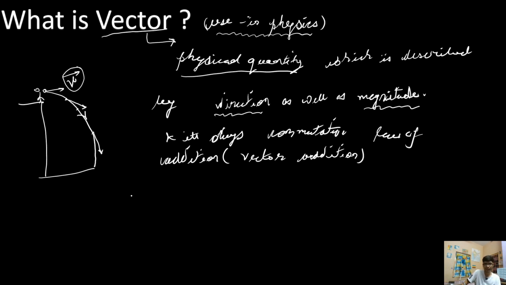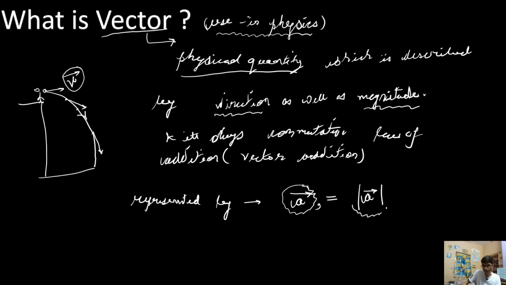Vectors are represented by small letters with a small arrow on top. This vector quantity can also be written as having a magnitude, the magnitude of A, denoted by putting brackets around it, and also writing its unit vector in this direction, which represents the direction.